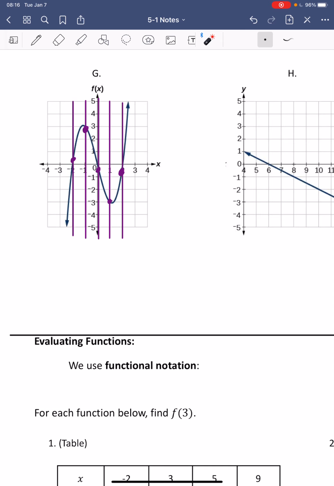Something to point out. On the left and the right side, a lot of students think, and we do this in red so you know it's wrong, that eventually this line is going to straighten out like that and then it would fail the vertical line test. That's not the case at all. I know it's kind of hard to imagine, but just know that this is what it's going to do. This is little by little going to keep going this way. Obviously not that fast, but that's what it's going to do.